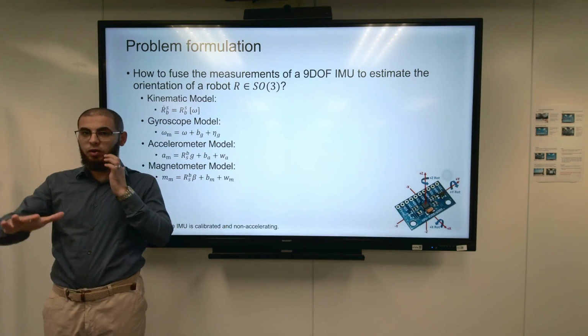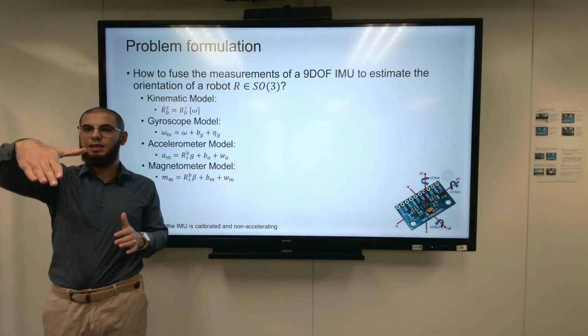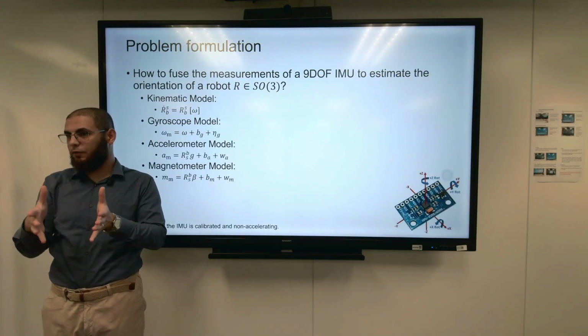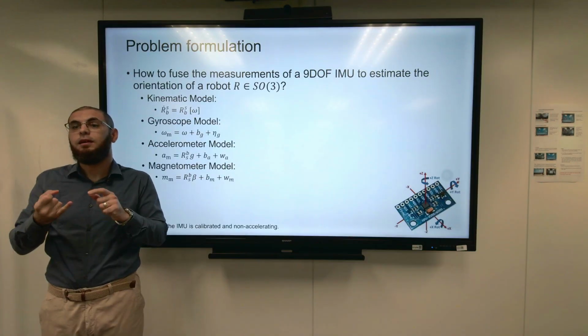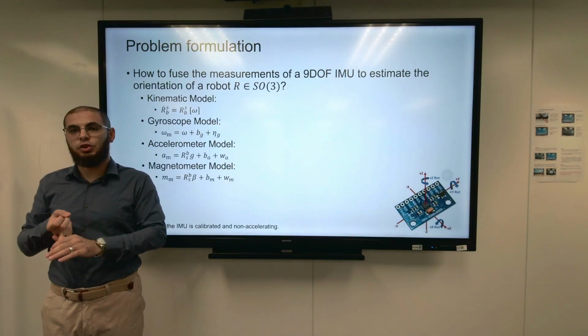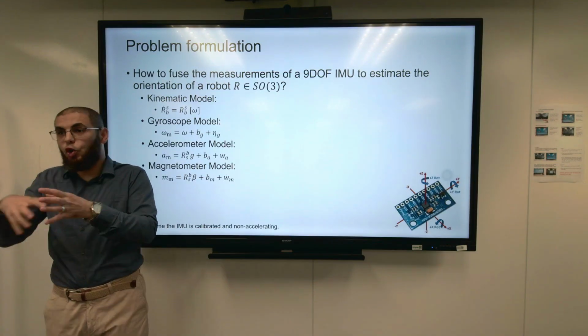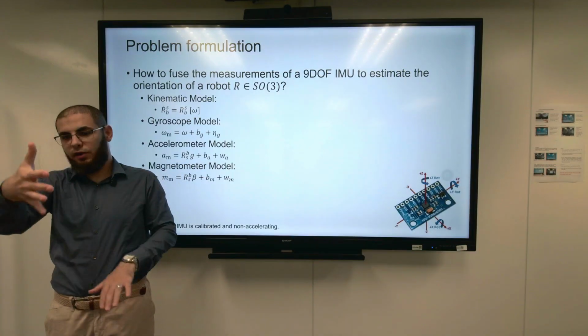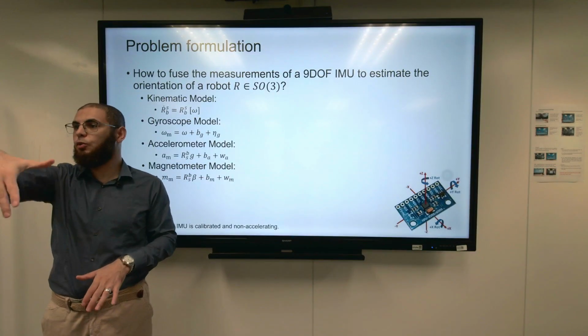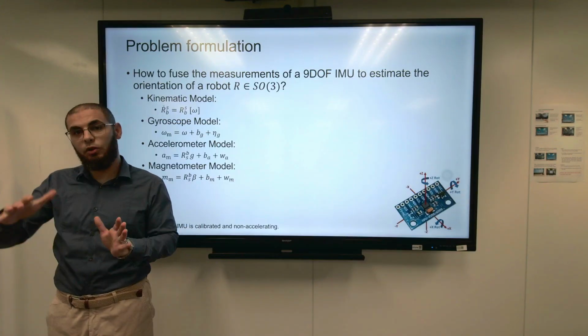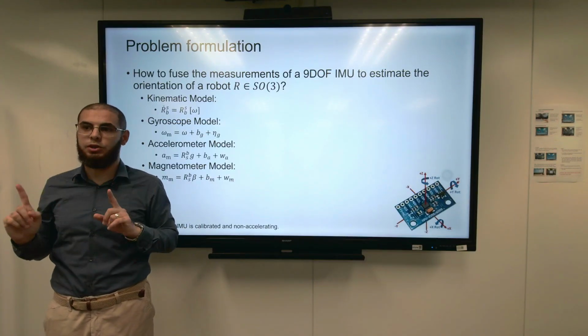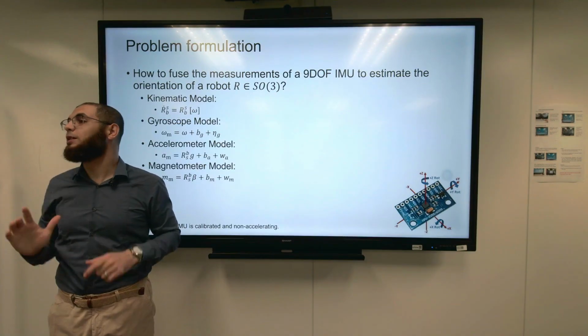I want to know how the IMU is posed from the measurements I got. I measure 3 accelerations, 3 gyroscopes, and 3 magnetometer values, and I want to use all of these 9 values to convert them to something that tells me the orientation of the IMU, only orientation, not position.